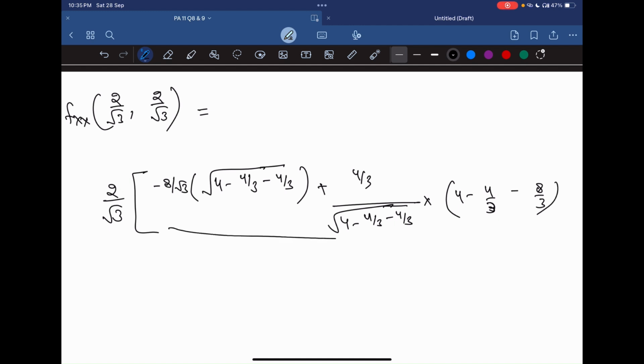So the whole divided by 4 minus 4 by 3 minus 4 by 3.